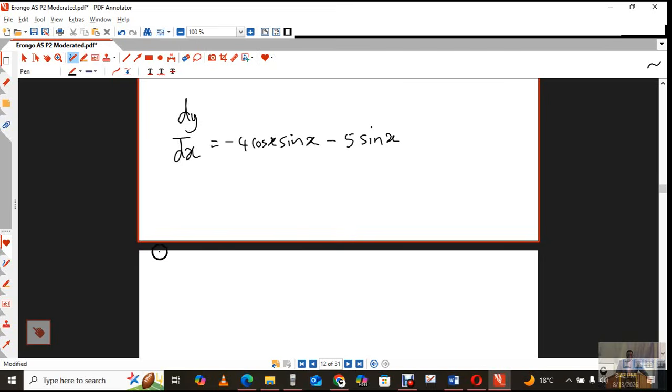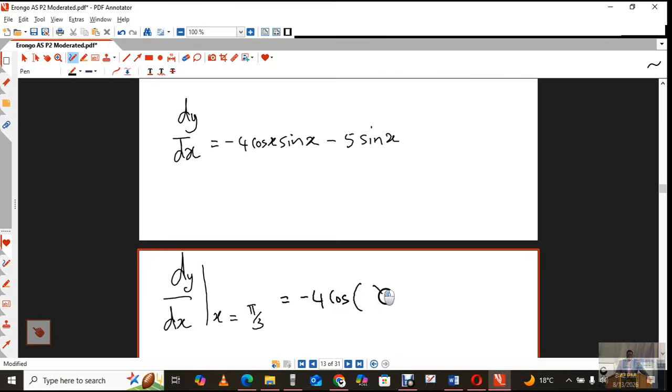So dy/dx, when x is equal to pi over 3, that's minus 4 cos of that, sine of that, minus 5 sine of that. So I'm going to substitute obviously that over here, over here, over here.